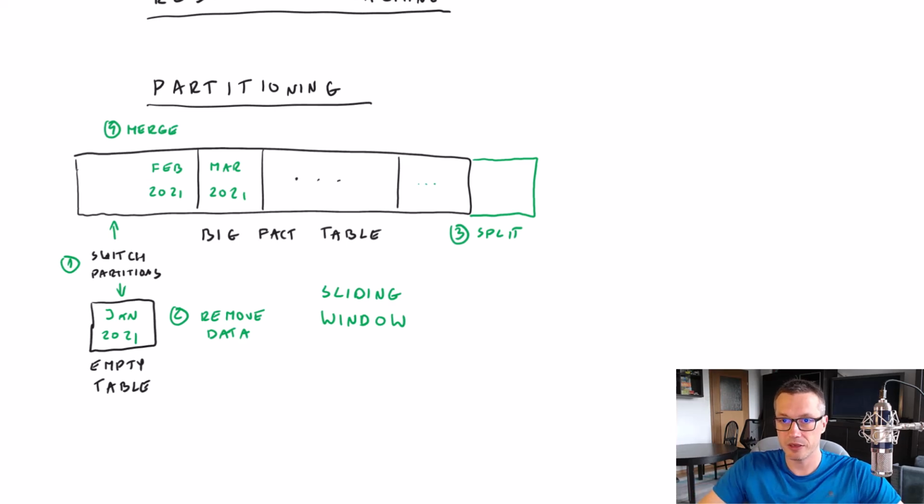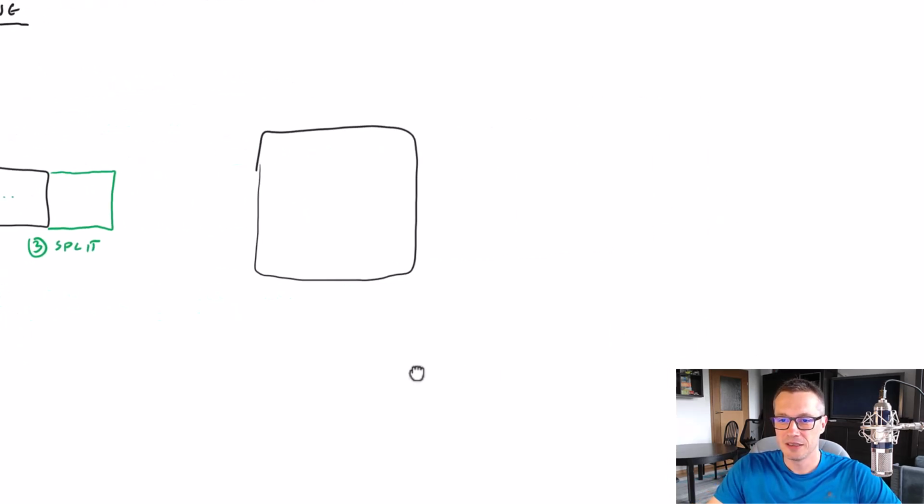And actually there are. So let me draw it again. Yet another rectangle, or square, more or less. So let's assume that this is our fact table, because we want to partition fact tables. Don't do this for dimensions. There is usually no point in doing this.